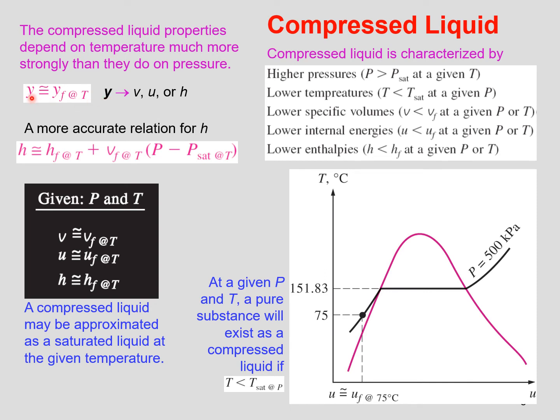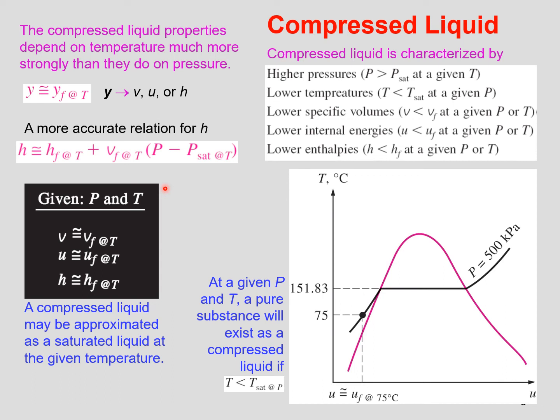So here, y could be either the specific volume, the internal energy, or the enthalpy. And this is an approximation. It's approximately true, and there's very little difference. There's a little bit more accurate way to determine the enthalpy with this other formula, but honestly, it's not worth the effort.